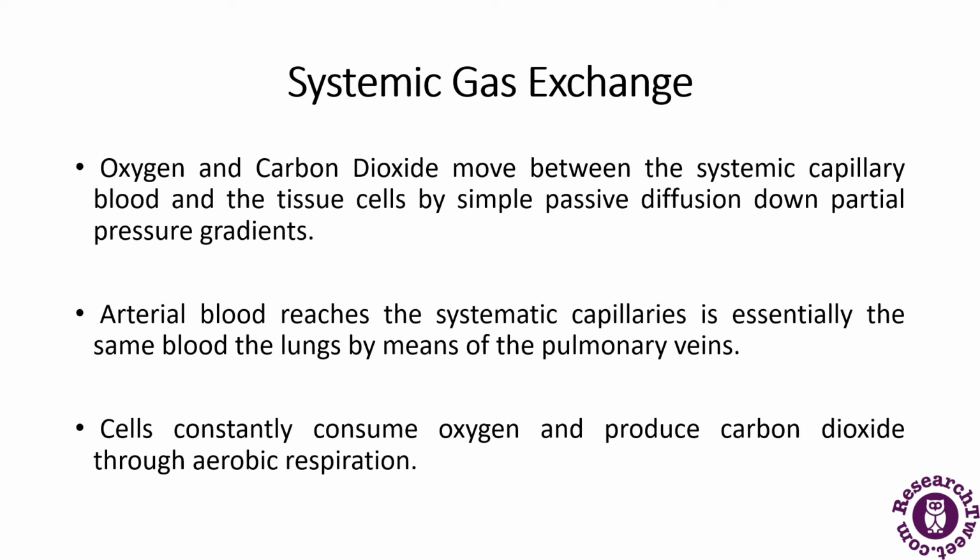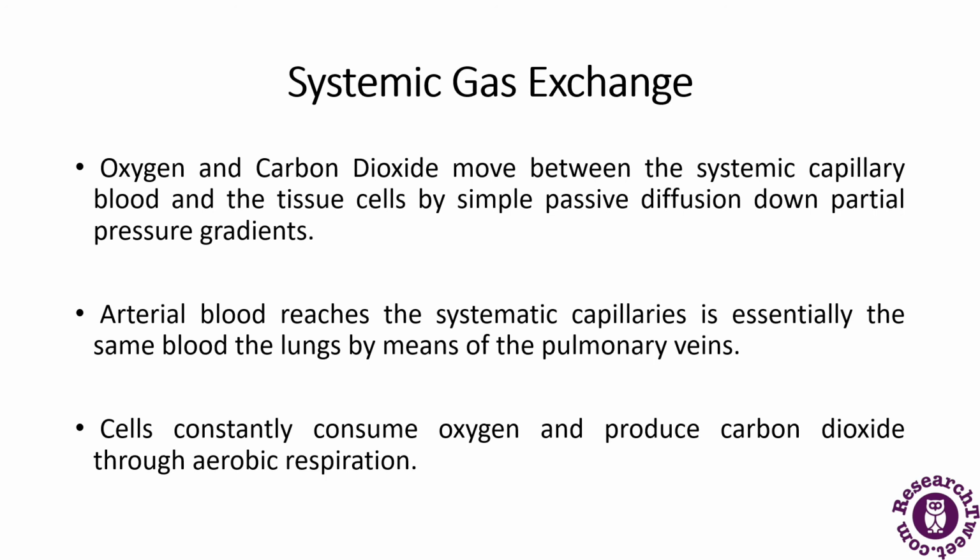So it will be by passive diffusion. The arterial blood that reaches the systematic capillaries is essentially the same blood that left the lungs by means of the pulmonary veins. So the arterial partial pressure of oxygen is 100 mmHg and the arterial partial pressure of carbon dioxide is 40 mmHg, the same as the alveolar partial pressures of oxygen and carbon dioxide.